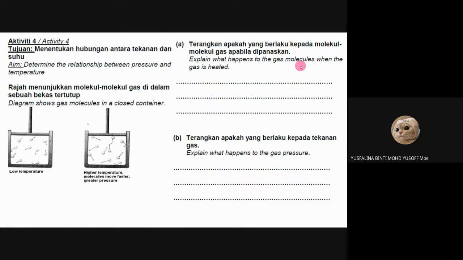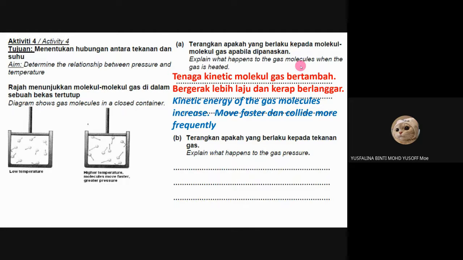Of course, you already know the kinetic energy of the gas molecules will increase, and also the speed of the molecules will increase, right? So the kinetic energy will increase and they move faster and collide more frequently. This one we already learned.